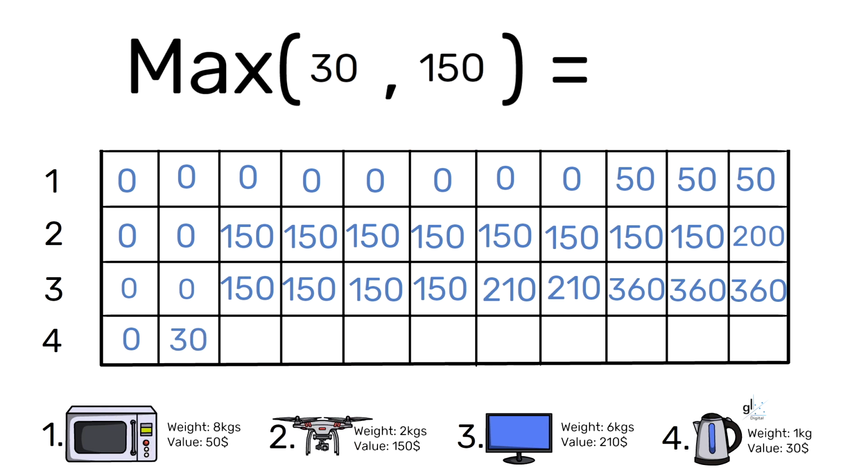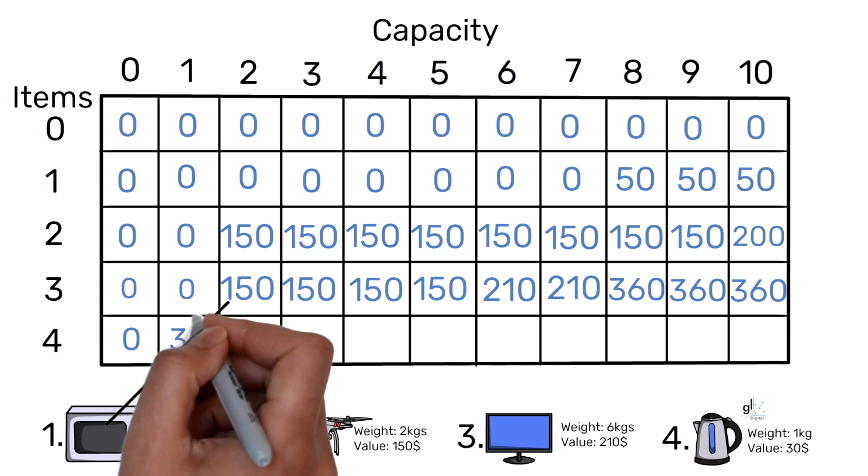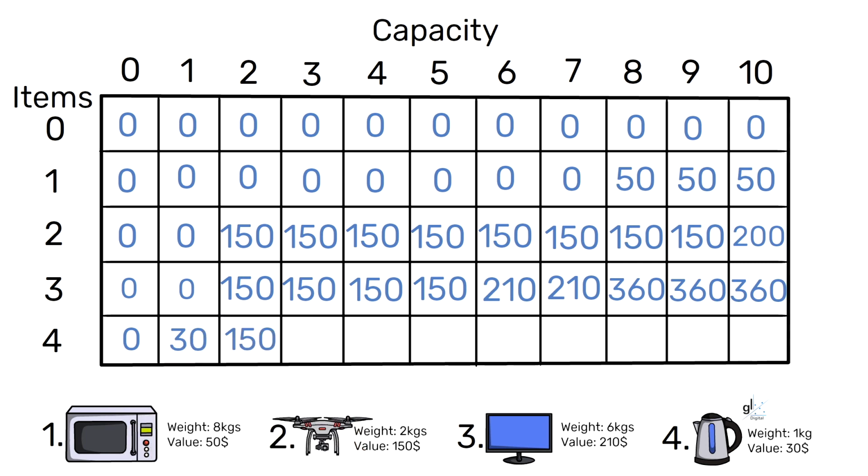So now, when the capacity that we are considering is 3, the first argument's value will be 30 plus 150, which gives us 180. So that is the value of the kettle plus the value of the drone. The second argument will be the value of the drone, 150. So of course 180 is greater than 150, so let's record 180 here.